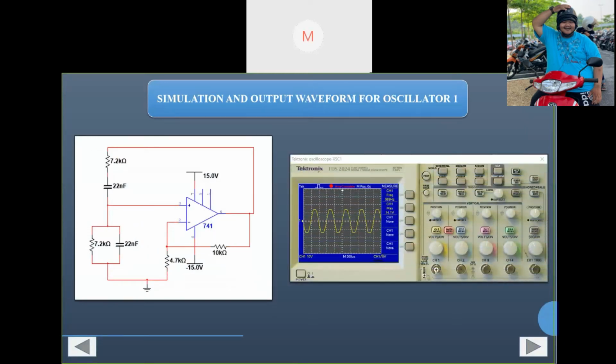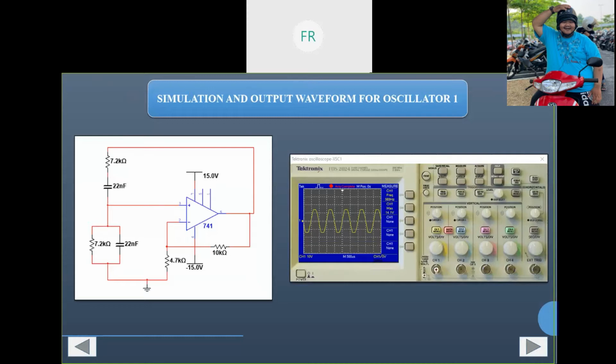For the simulation and output waveform, we use Multisim software to design a circuit for oscillator 1. And we use it to produce the frequency 1 kilohertz using oscilloscope. Okay, that's all from me.